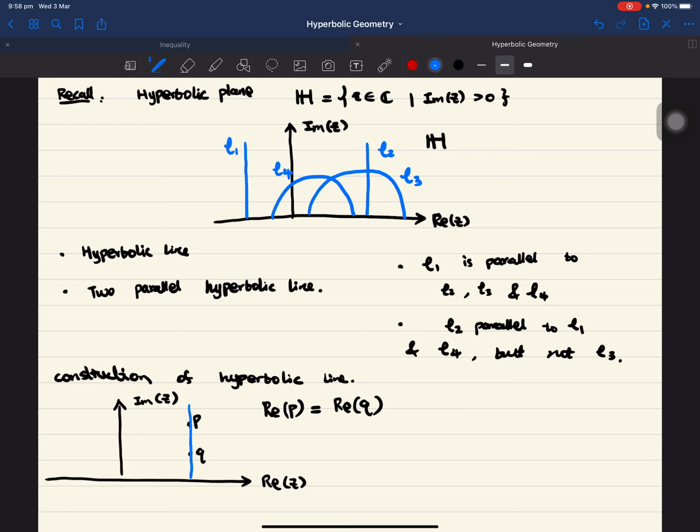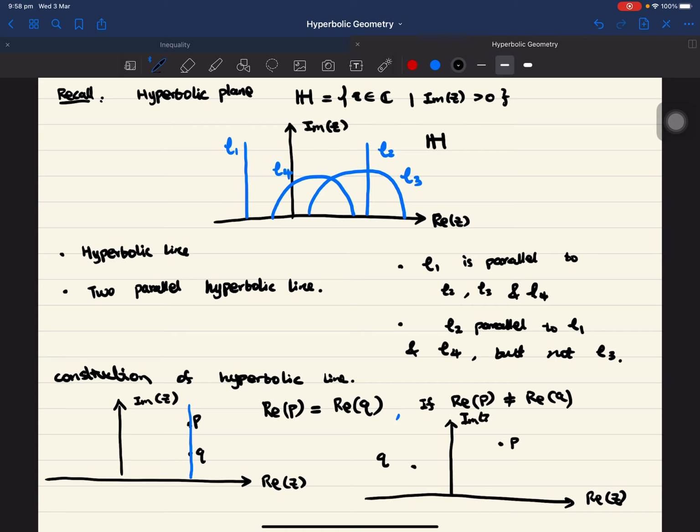And for the next case, if the real part of P is not equal to the real part of Q, we first construct the line segment PQ, and then we take the perpendicular bisector, let's call it K, that bisects the line segment PQ, so that the intersection point between K and the real axis would be our center.